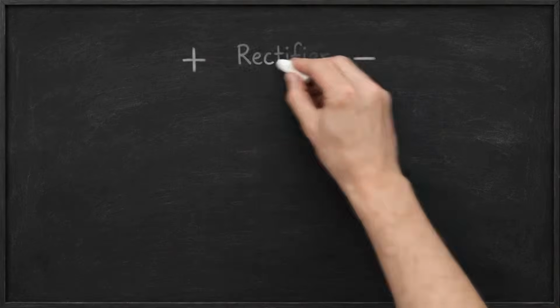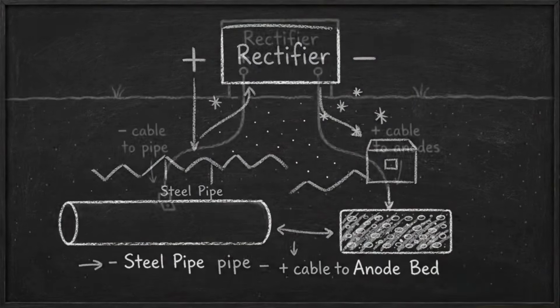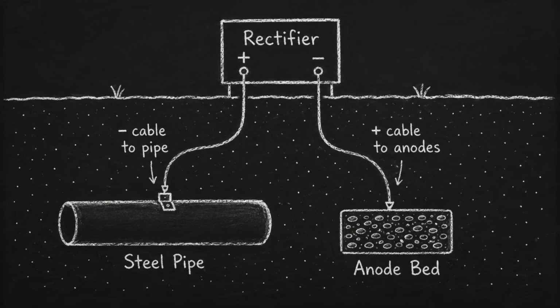Now imagine a long buried pipeline. This pipeline may be many miles long. A small galvanic anode may not provide enough current for that much steel, so we use an impressed current system. The rectifier provides adjustable DC output. The anode bed sends current into the soil. The pipeline receives that current.